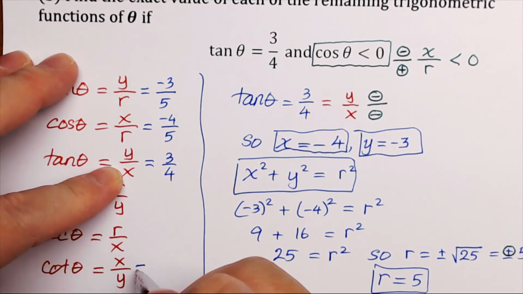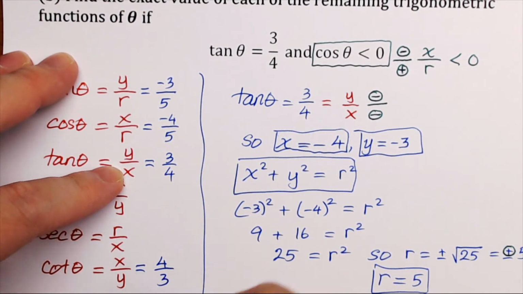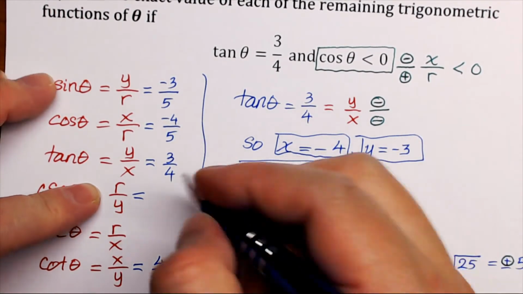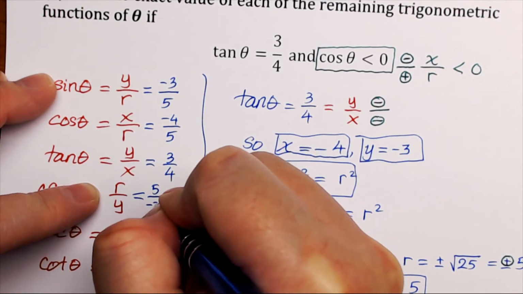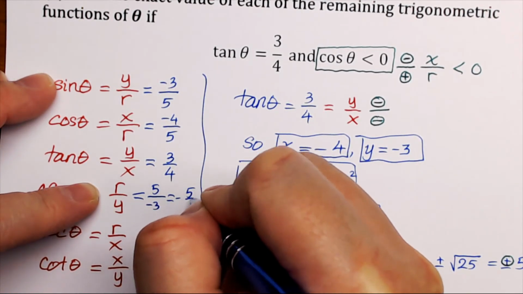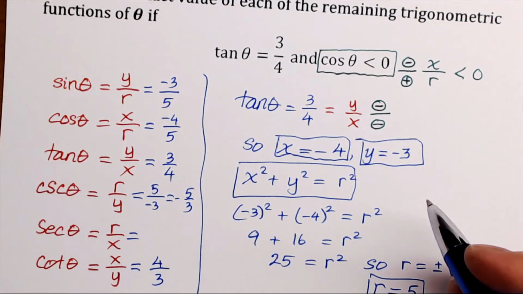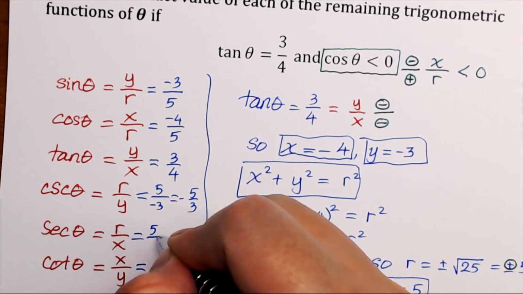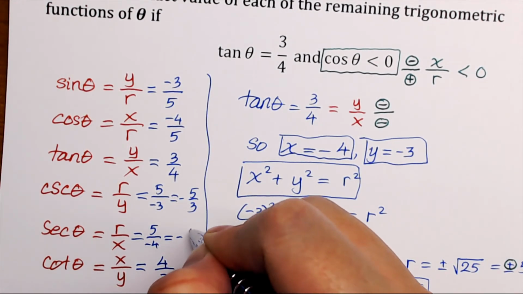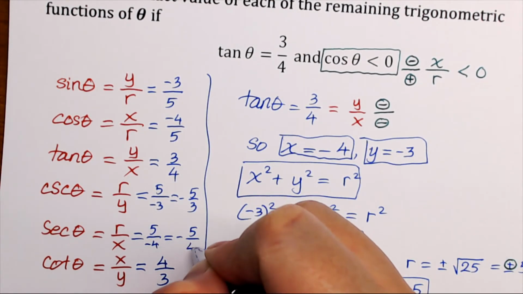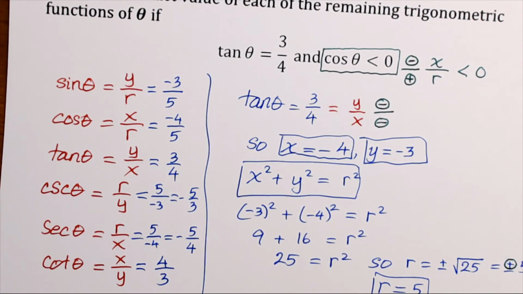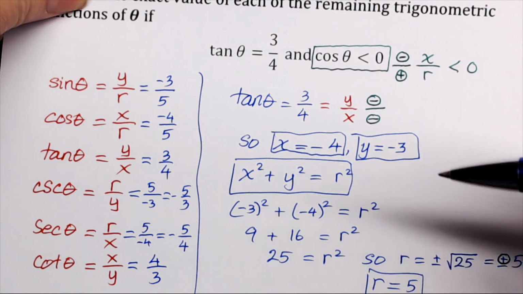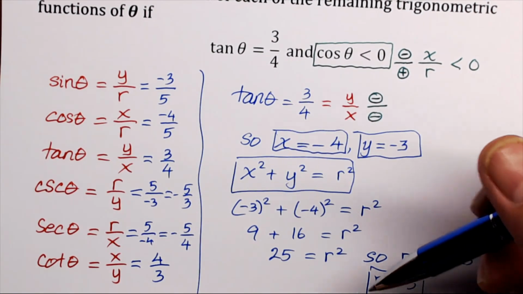And reciprocal of that, cosecant, r over y, 5 over negative 3, or negative 5 thirds. R over x is secant. So pretty much we need to find x, y, and r. Once we know them, we should know all the trig ratios.